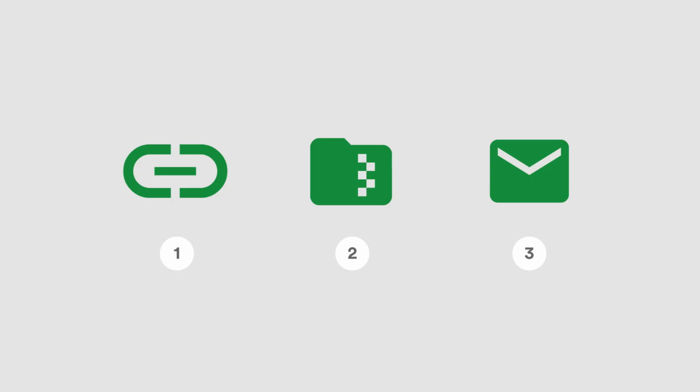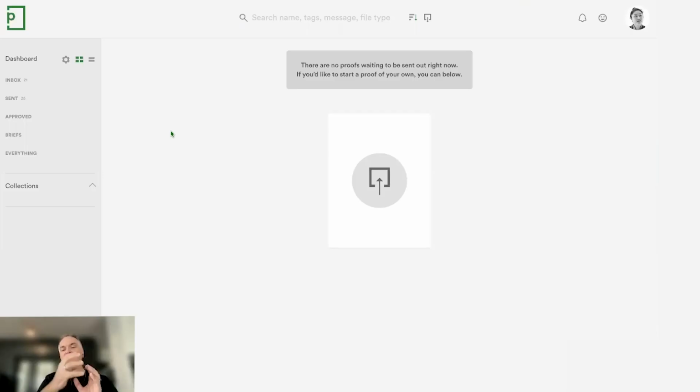Number 2 is a zip file. So we support zip file proofing where the zip file contains HTML content. So it'll have an index.html or maybe just a single HTML file at the top. So that is typically when you're doing something like a set of banner ads, or you might have in there a microsite.